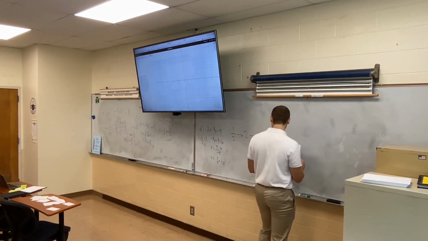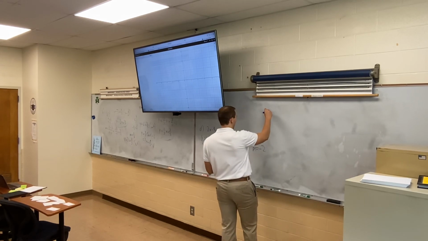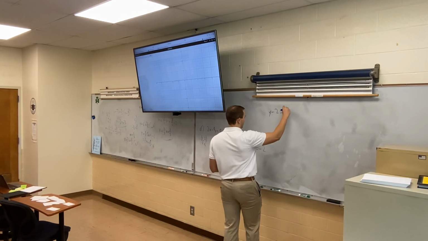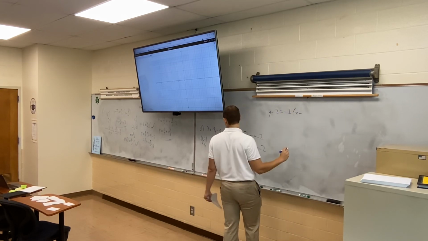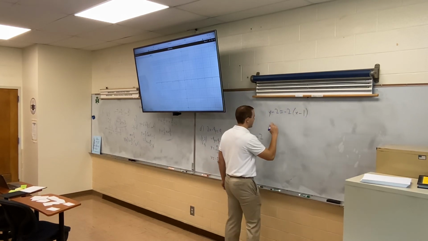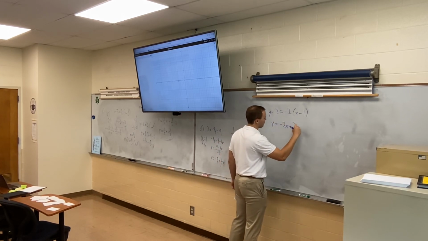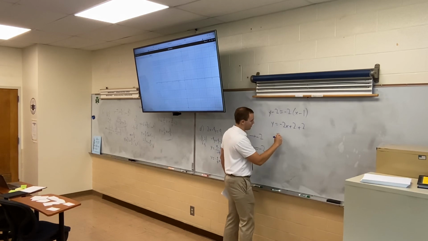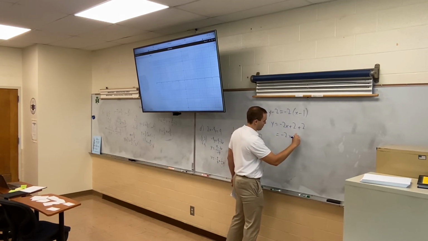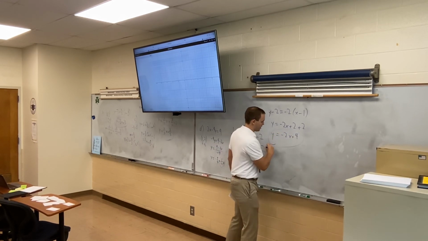Okay, and I'm just going to slap it into point slope form. So I get y minus y1, which is 2, equals negative 2 times x minus x1, which is 1. So I get y equals negative 2x plus 2 plus 2, negative 2x plus 4. Okay, so I just skipped a couple algebra steps.